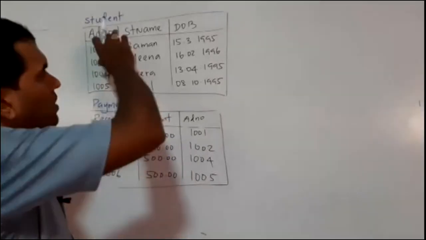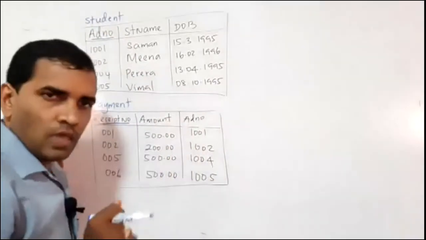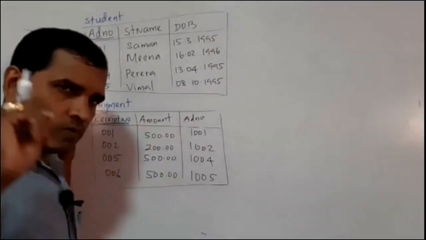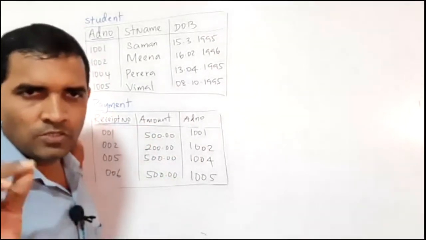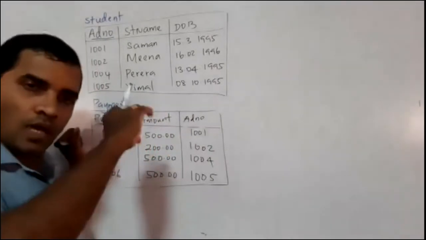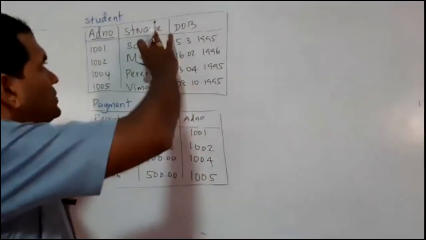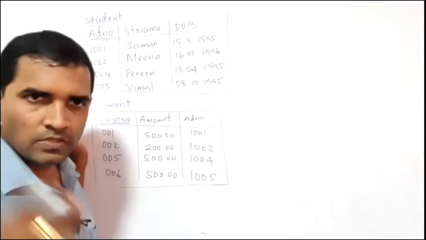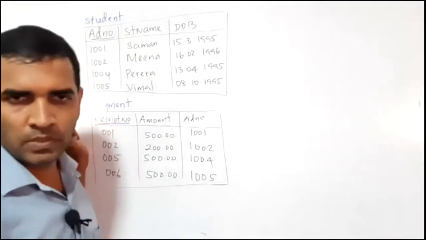Look here, these two tables have a one-to-one relationship, but for my demonstration purpose, I assume that this table has only 4 records and this table also has 4 records. This is only for demonstration purpose.